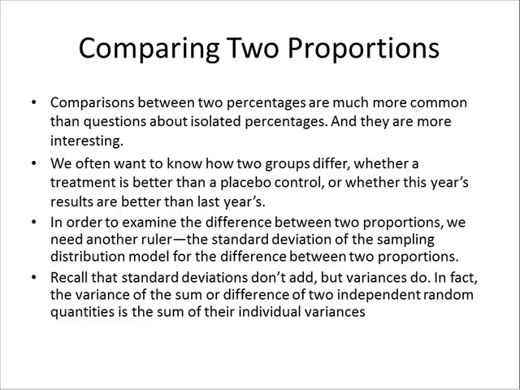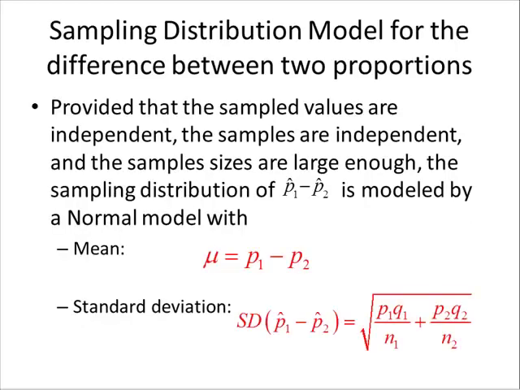Well, it is a normal model. The difference between them is centered at the difference between the two proportions. But the standard deviation is going to be pq over n plus pq over n, well, pq over n squared plus pq over n squared, those variances, and then you take the square root of that.